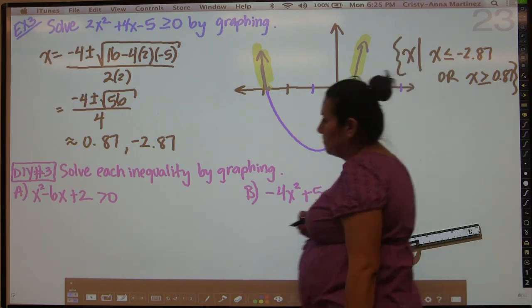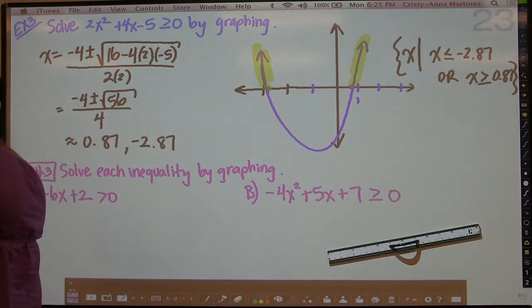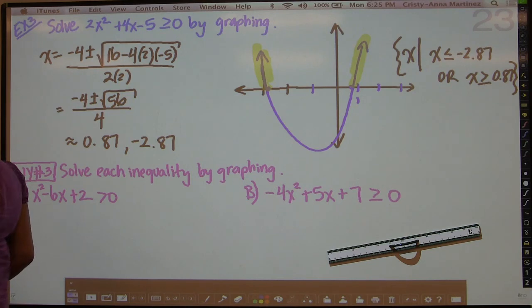Okay? So in this case, it's not an intersection, it's a union. So either they're going to be less than negative 2.87 or greater than 0.87. Alrighty, and that's how you write that solution.